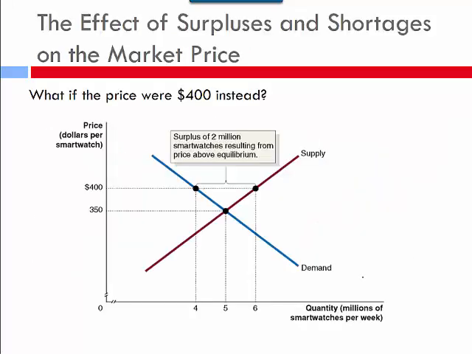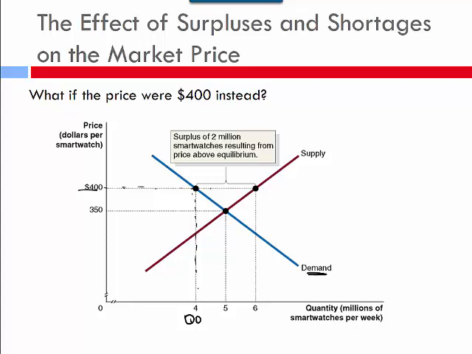If, for example, we saw in the last one the equilibrium point was 350. Well, what if Apple guessed wrong and they priced them at 400 first, okay? So if we follow 400 over here, we're going to intersect the demand curve first. So we follow that down, and the quantity demanded would be 4.